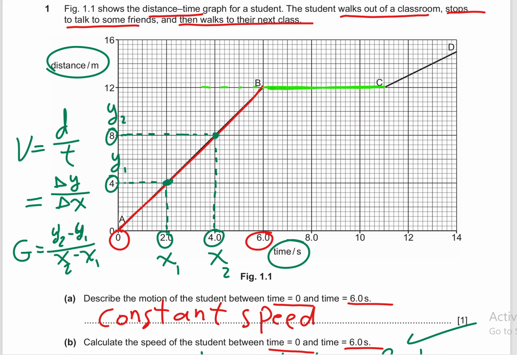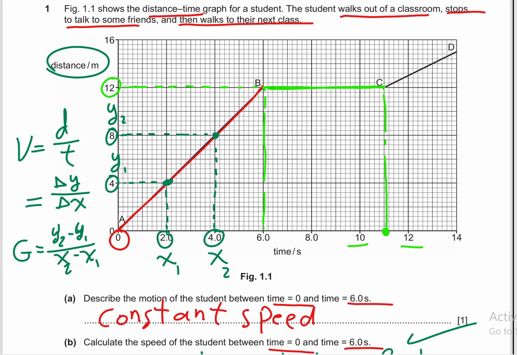If you come to the distance axis, it's the same number of meters, so he didn't move. I need to know the period of time he stayed without walking, so I come here from B until C. Notice the C has this value for time, it's between 10 and 12, which is 11. It's exactly in the middle.